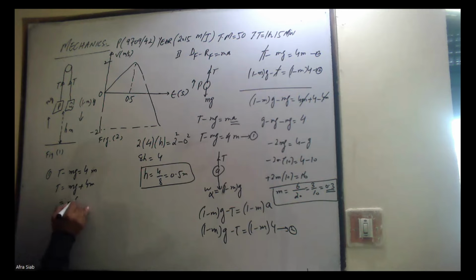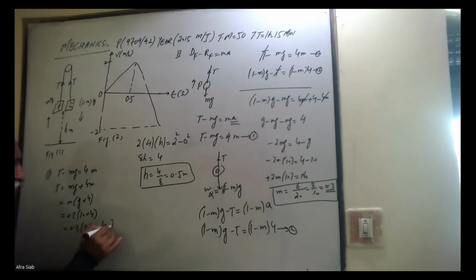So m is common there. It is m times g plus 4. M is 0.3, g is 10, so it is 0.3 into 14. And that is equal to 4.2 newtons, which is the tension of that string in this question.